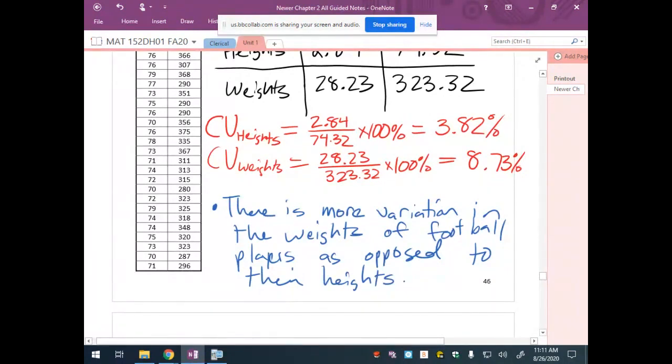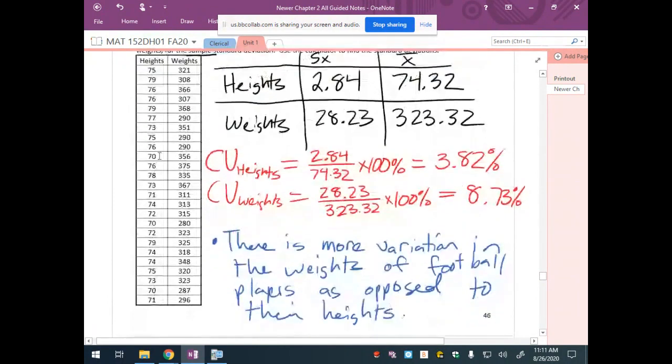So that is how we do the coefficient of variation.